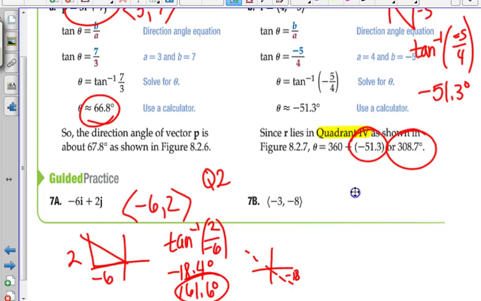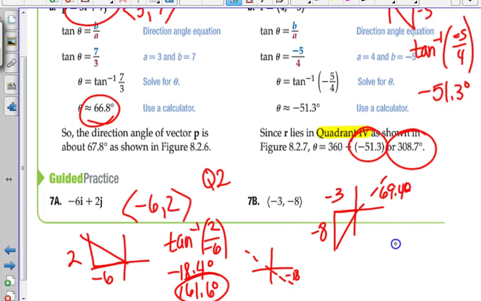All right? This one is what quadrant? Negative 3, negative 8. Okay? Inverse tangent, which one divided by which one? Y over x, so negative 8 divided by negative 3 gives me 69.4.